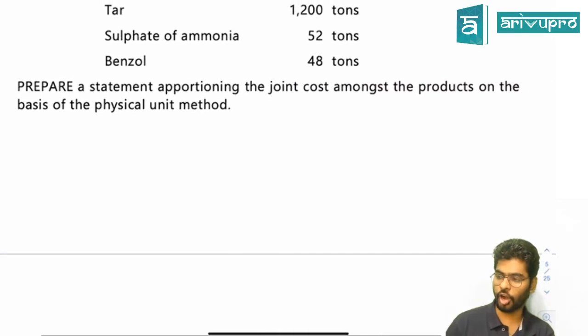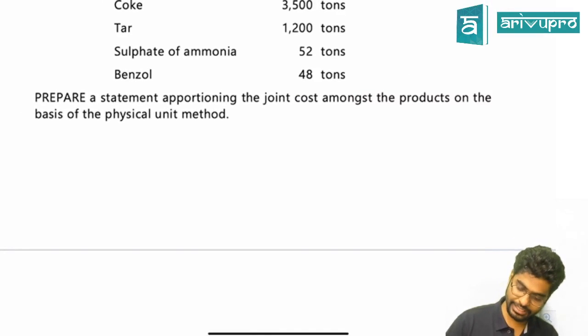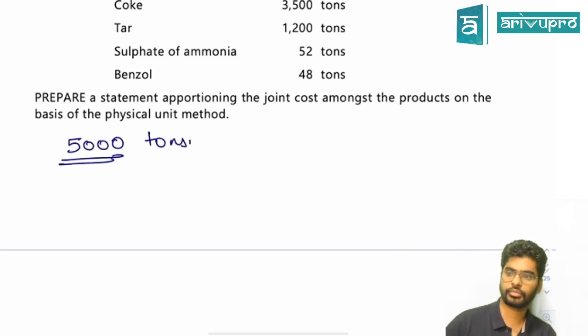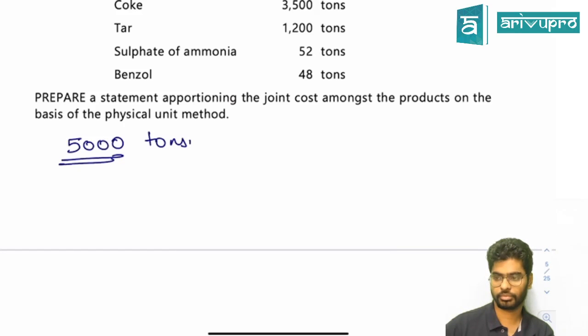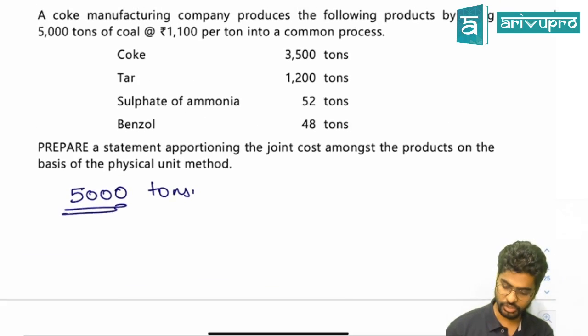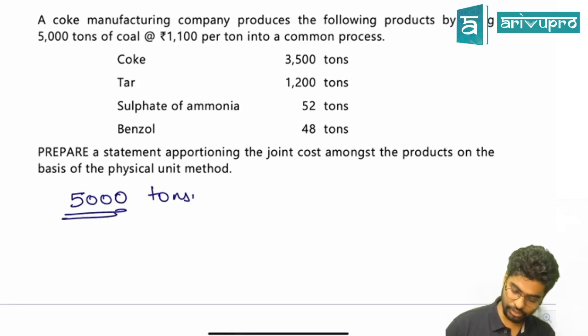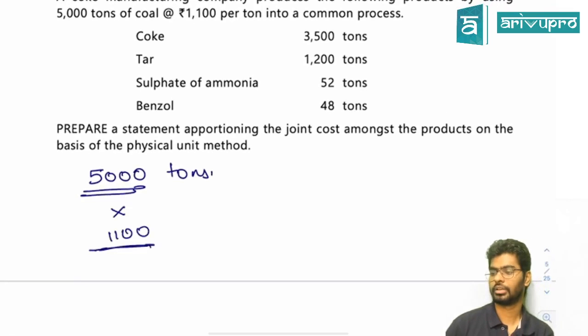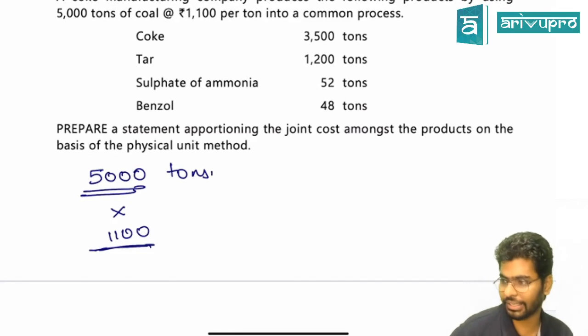My raw material is basically 5,000 tons, now at a cost of 1,100 per ton. So this is what I am spending my money on.